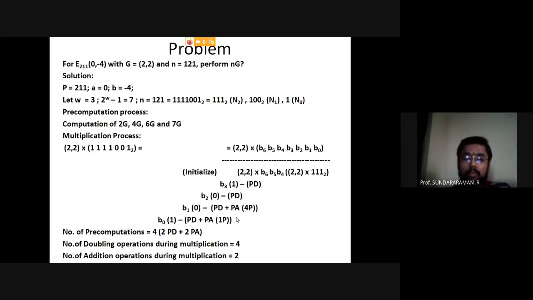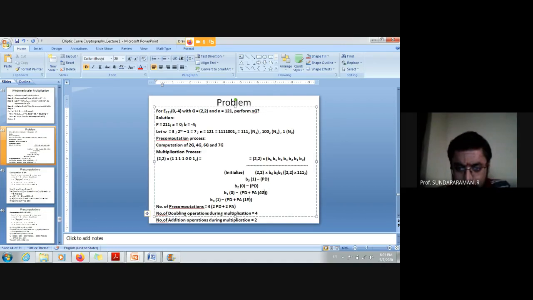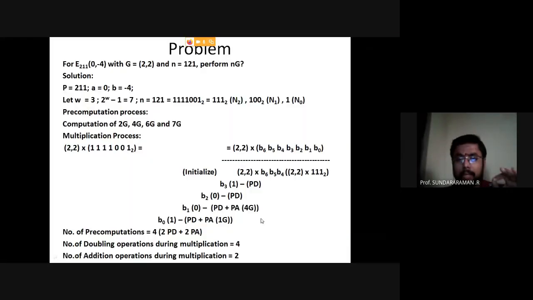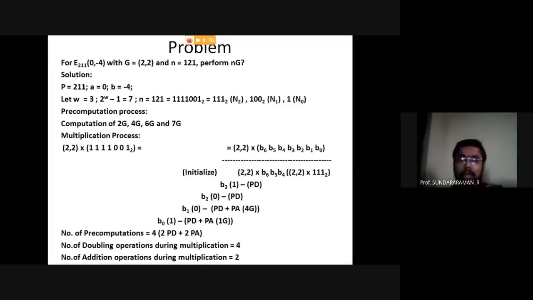Now 4G needs to be added. This is not 4G, this is again 1G. So 4G, after 3 times doubling process, you add it with 4G, right? For that, you are not performing 4G, rather you are just calling the 4G pre-computed value.